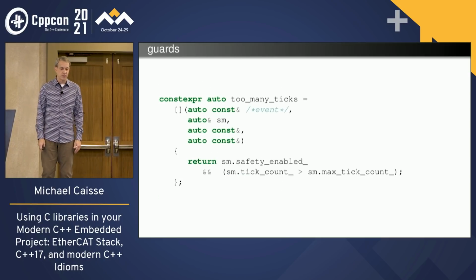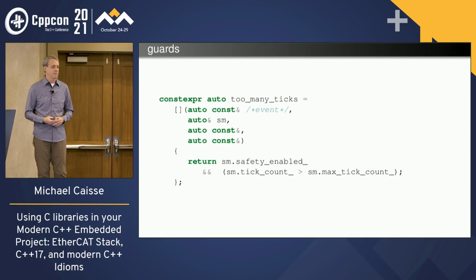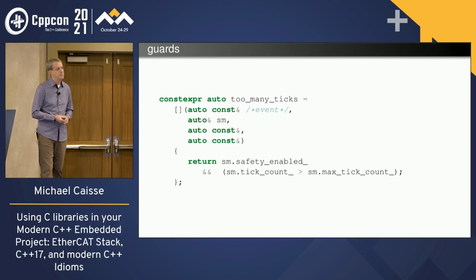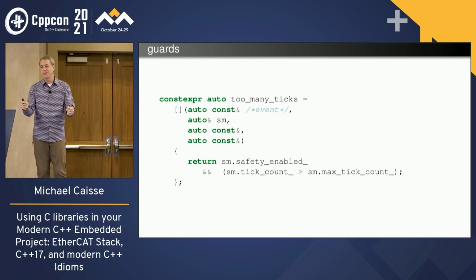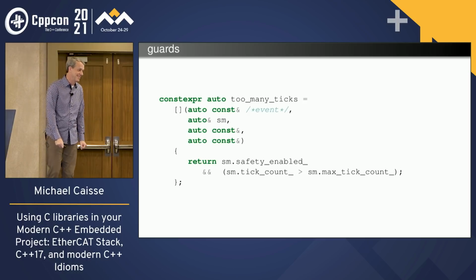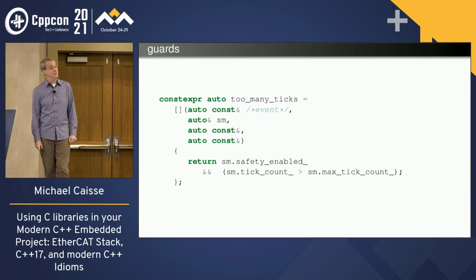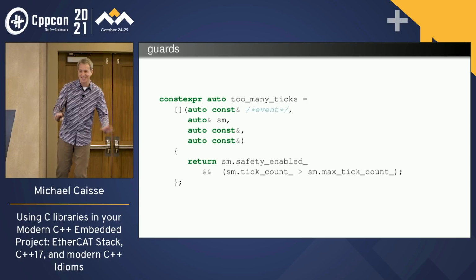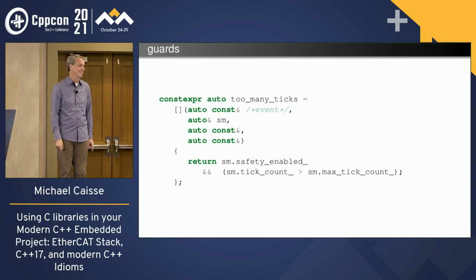What do our guards look like? Guards are just callables. And at this point right now, if Chris was in the audience, he'd be going, why don't you use the dependency injection? Which is a really great question. And the reason that I didn't use dependency injection, I'm just showing you raw stuff. Michael had to write it very quickly, right? Is because Michael at that moment couldn't remember how to use the dependency injection.